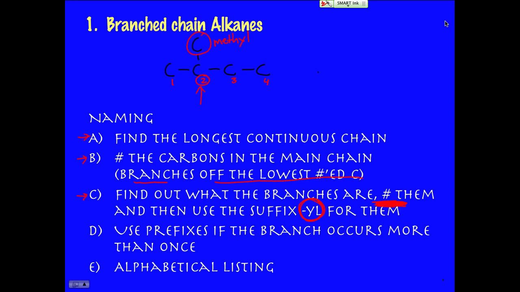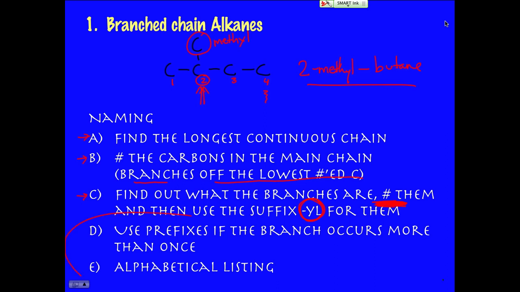So, the name of this thing would simply be 2-methyl. It tells me I've got a methyl off of the second carbon. And then how many in the long chain? 4. So that's butane. 2-methyl butane would be the name of this branch chain alkane. 2-methyl butane.